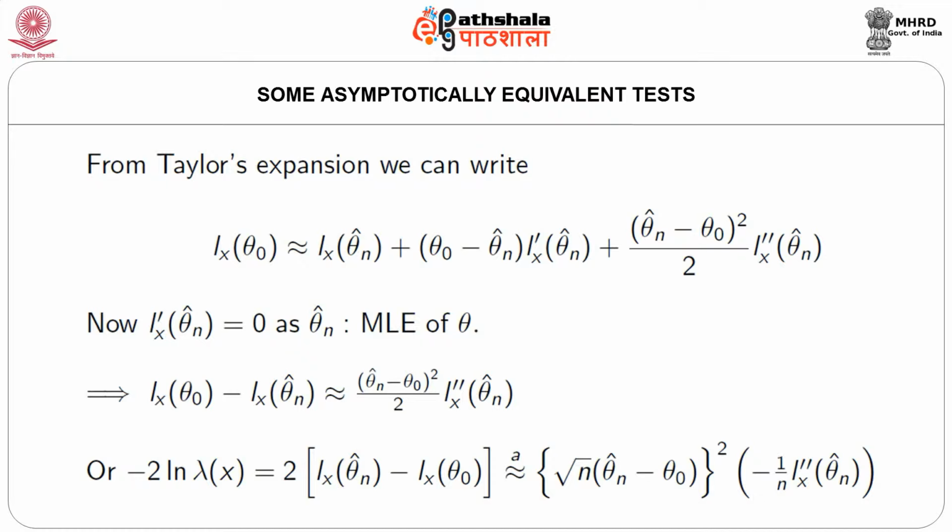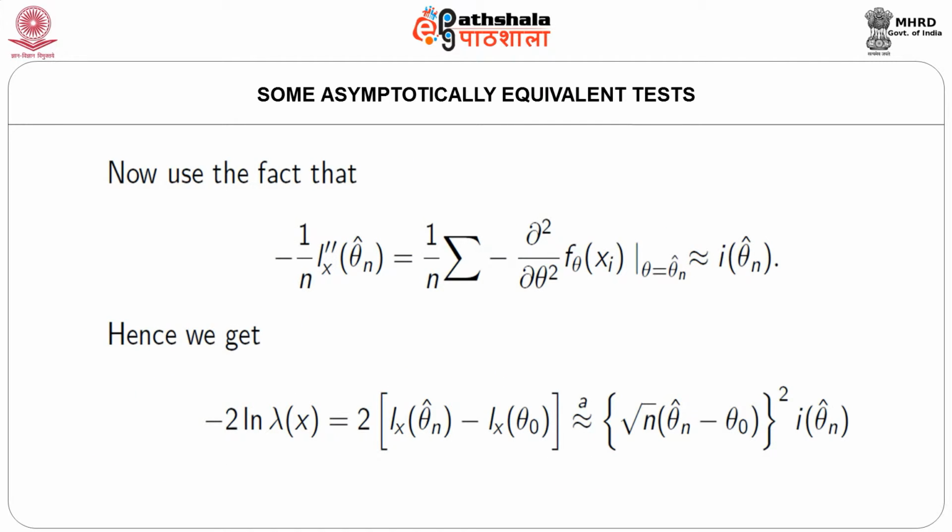Or we can say that minus 2 times log of lambda x, which is equal to twice small lx theta n hat minus small lx theta naught, is asymptotically equivalent to root n times theta n hat minus theta naught whole square times minus 1 by n into small lx double prime theta n hat.